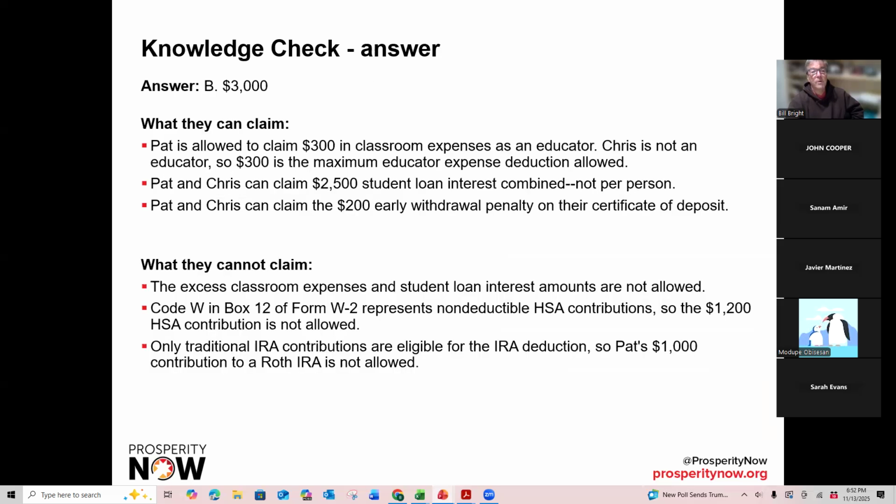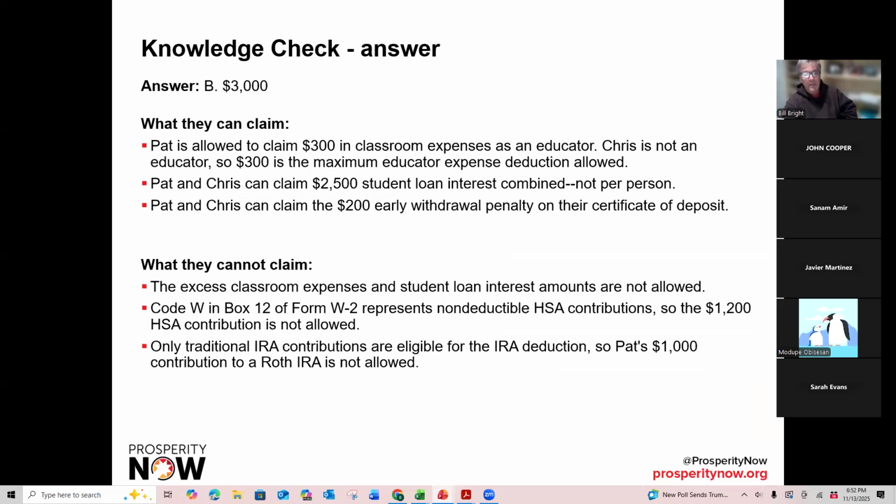So what we're looking for here is $3,000. So here's what they can claim. Pat was the only one that was an educator, so you can take $300 of that. They can also claim $2,500. Remember, it's the interest combined, so on the return, not per person. And they can claim the $200 early withdrawal penalty for the CD.